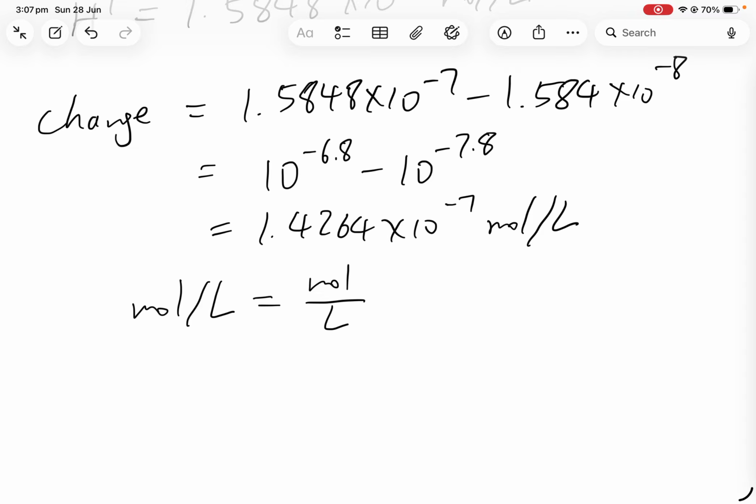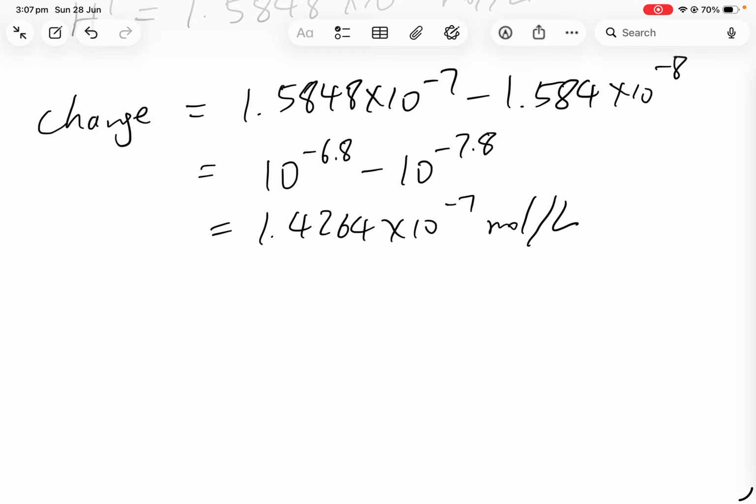Wait, let me think about this. Alright, so we want to find the volume. So it'll be moles over moles per liter. Yeah, but we don't really have moles, so we can't really use this equation.